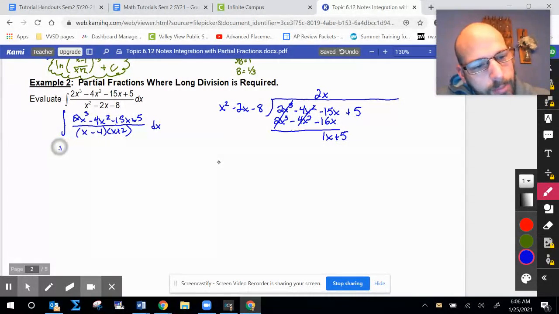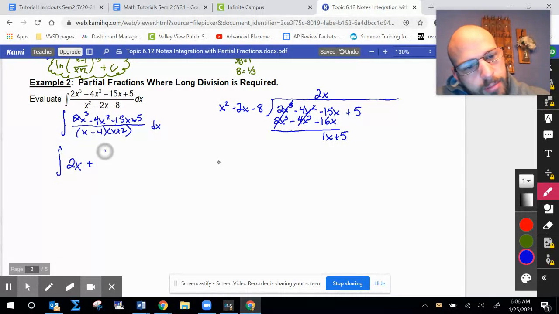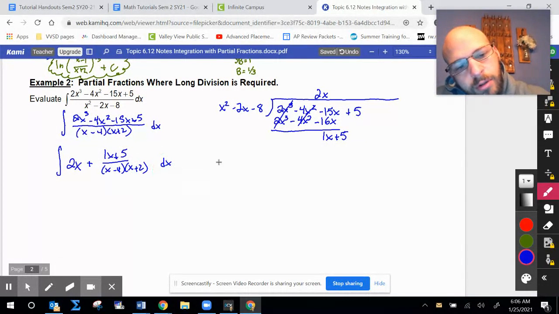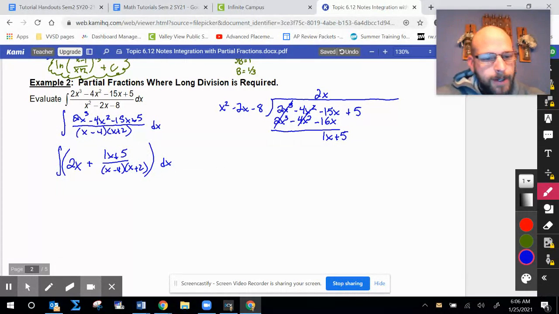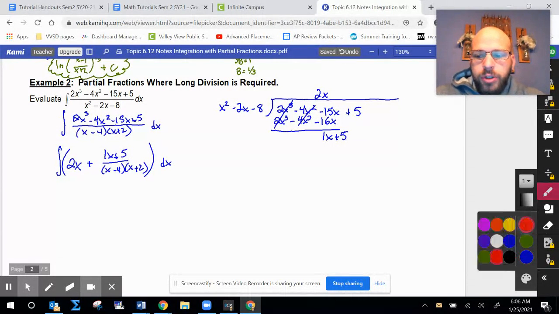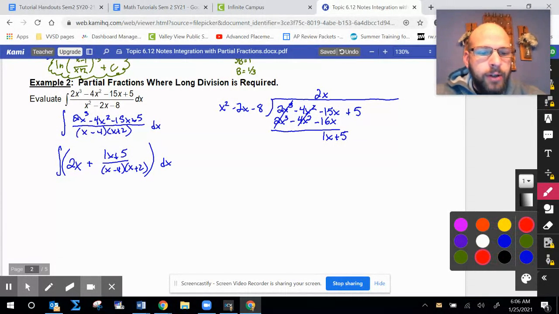So this problem is equivalent to 2x plus my remainder, 1x plus 5, over that same denominator. Now I'm going to do partial fractions on that remainder.